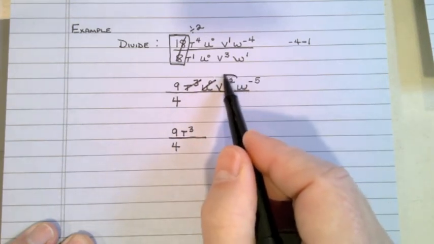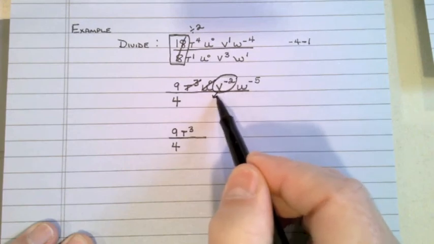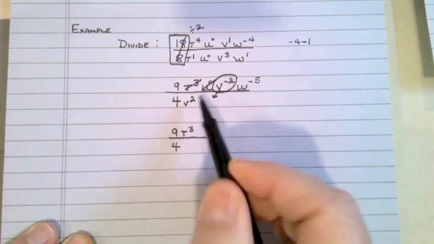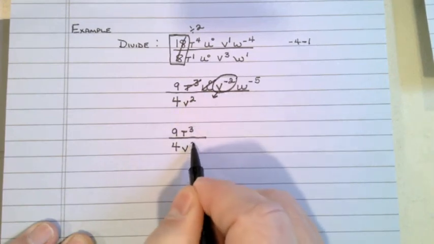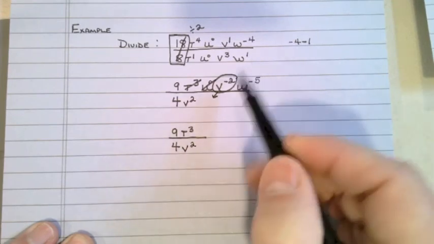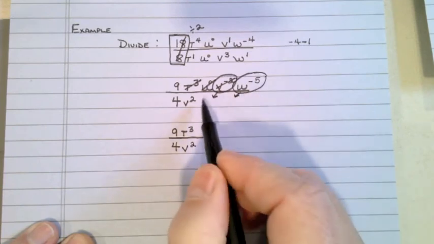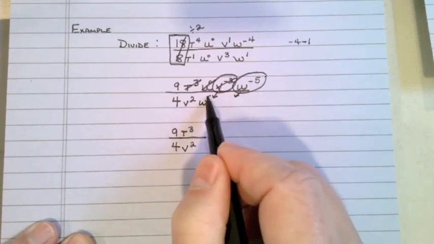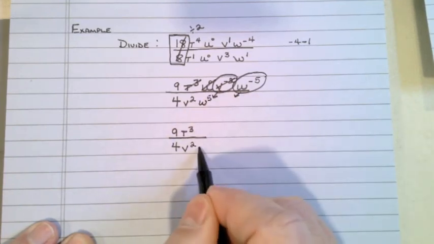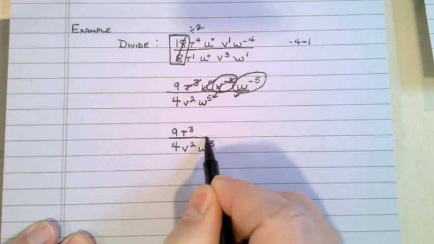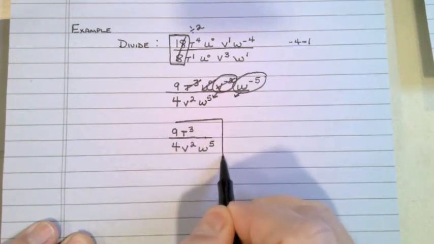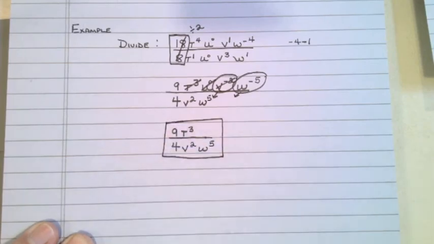V to the negative second. That needs to go on the bottom and become v to the second power. So I'll write that over here. V to the second power. W to the negative fifth. That needs to be moved into the bottom and changed to a positive 5. So I'll write that in the bottom. Here is what my answer should look like right here.